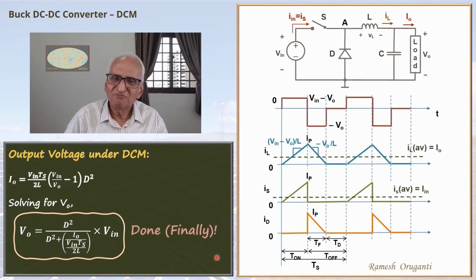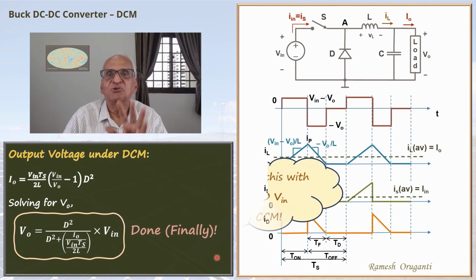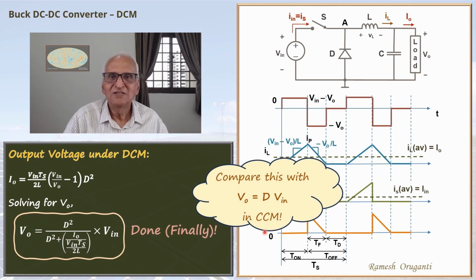It is not too complicated an equation, but it doesn't have the simple elegance of V naught equal to d V in. In the CCM case, given V in, the output voltage will depend only on the duty cycle. Here, given V in, the output voltage depends on the duty cycle and also the load current, and also the frequency, the period, and also the inductance.